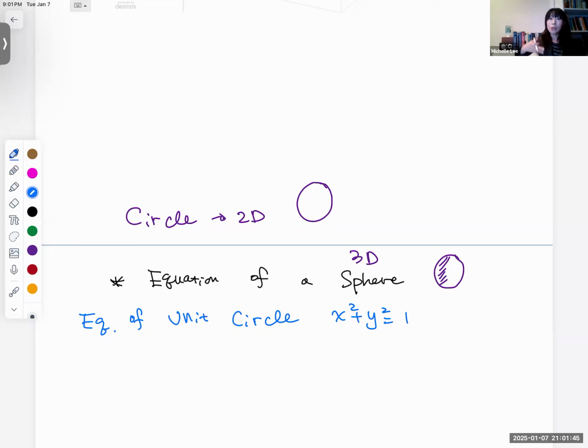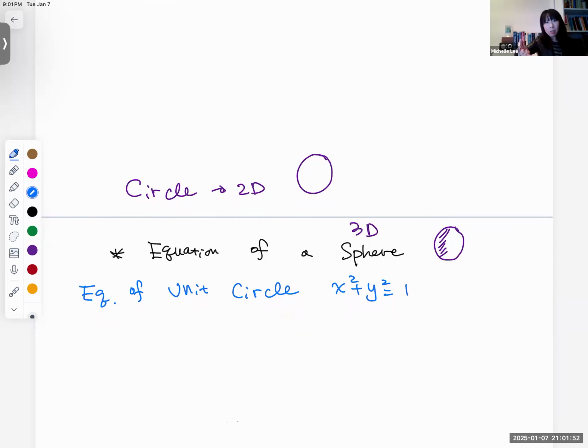The definition of unit circle means the radius equal to 1, right? In general, the equation of a circle, it's hard to pronounce for me, then x squared plus y squared equal to r squared, right? So in that case, we say the center is at the origin, right?